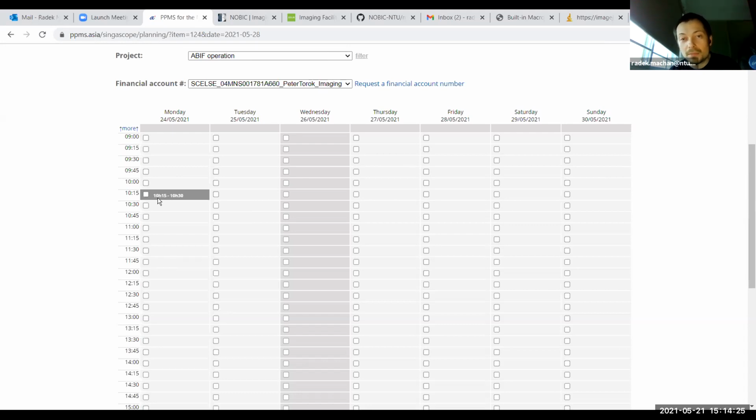But then the conclusion was that either it becomes a very inflexible system, or if we impose a very short cancellation limit, like let's say 1 or 2 hours, that doesn't really help anyone, because if someone cancels 2 hours before, that still doesn't increase much the chance that someone else will have a sample ready to utilize the slot. So for that reason, we decided we just don't impose any cancellation period, and simply you can cancel any time before the start of the session.